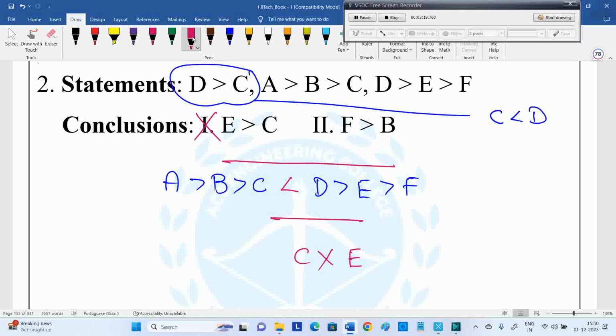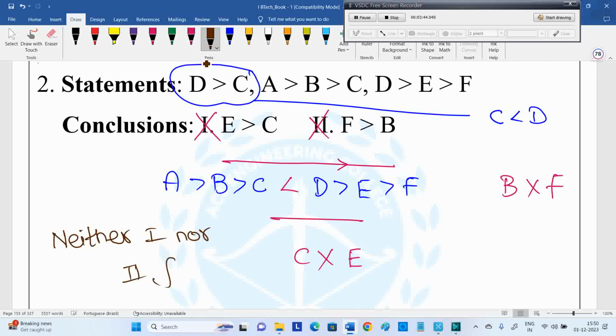No. A lot of people put like this, sir: here greater, last one greater, so put B greater than F. No. Entire path. I'm saying clearly that for the entire path, we need a common symbol. There is no common symbol between B to F in the entire path. So the second one is also wrong. Then your answer should be neither one nor two. In general, it will be option D, neither one nor two follows.